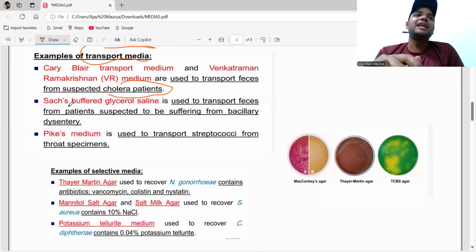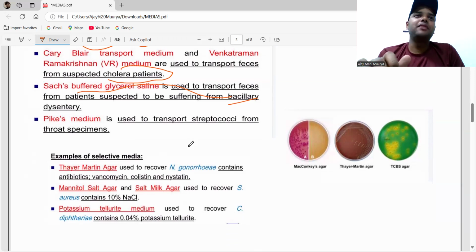Next is the buffered glycerol saline, used to transfer feces from a patient suspected to suffer from bacillary dysentery. Next, the Pike's media is my favorite one.